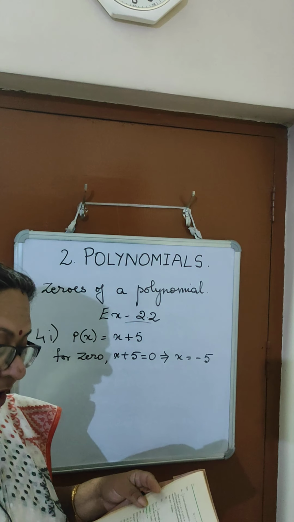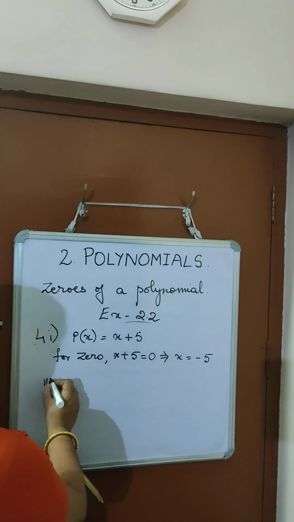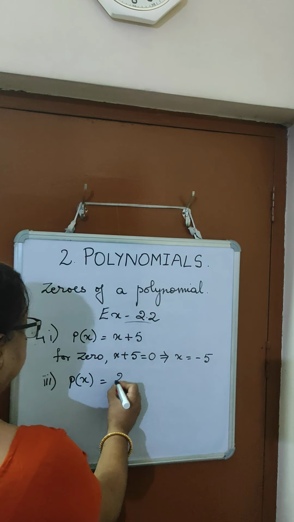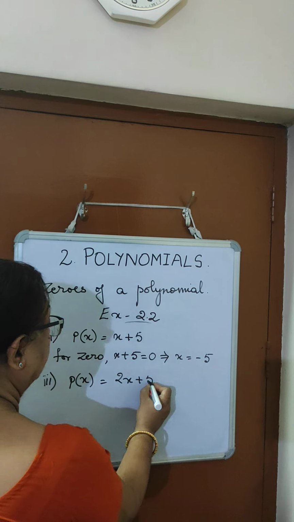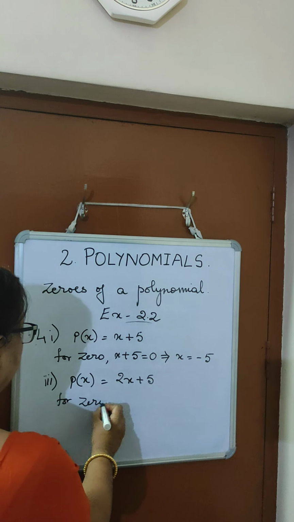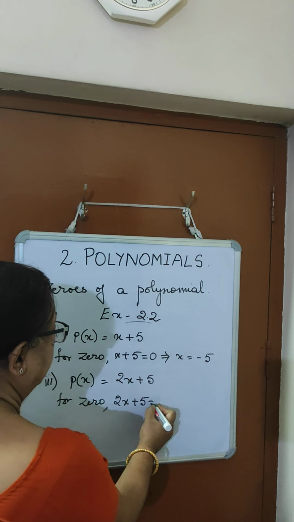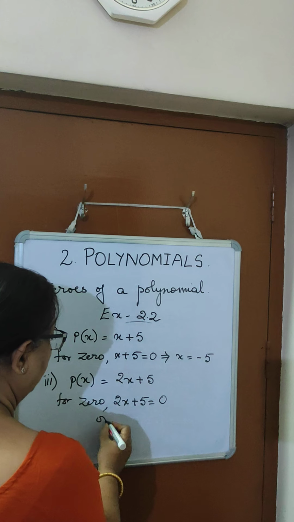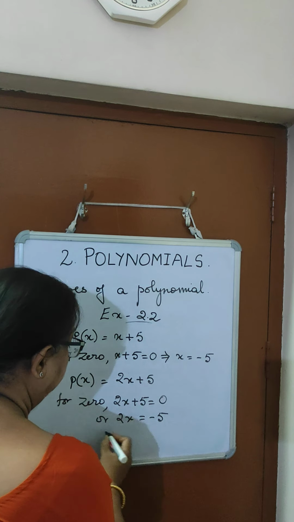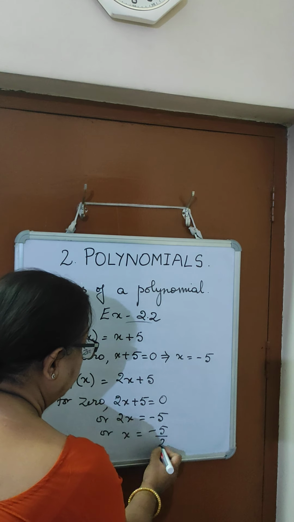Okay, let's see another one. Suppose take the third one, p(x) equal to 2x plus 5. How to find its 0? For 0, 2x plus 5 equal to 0, or 2x will be equal to minus 5. So, x will be equal to minus 5 by 2.